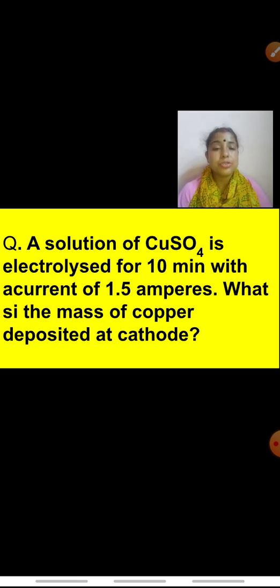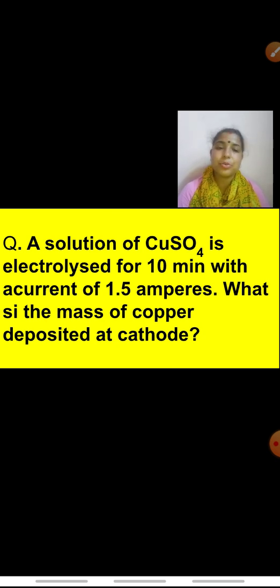Here the charge is not given. How much charge we are passing to the solution of copper sulfate is not given. What is given here is time and current. With the help of current and time, you will find out the value of charge.